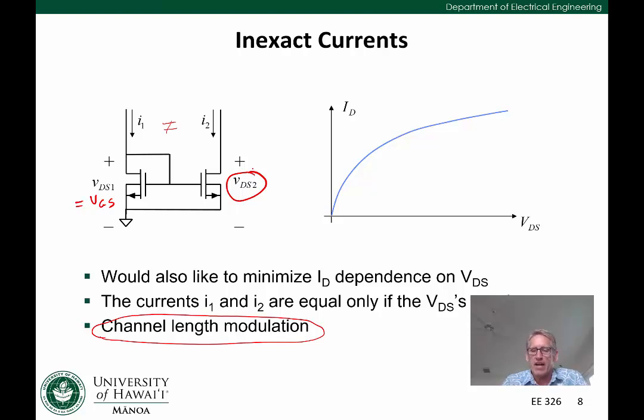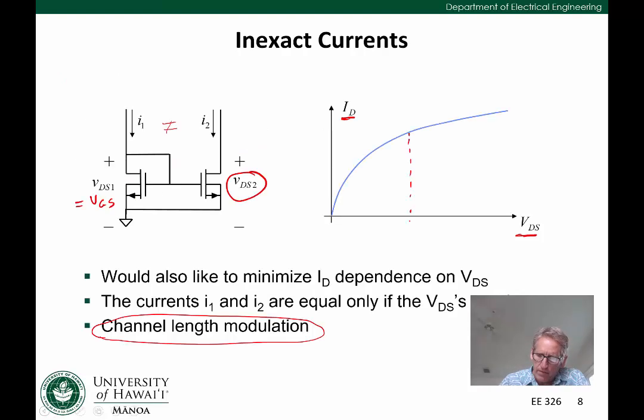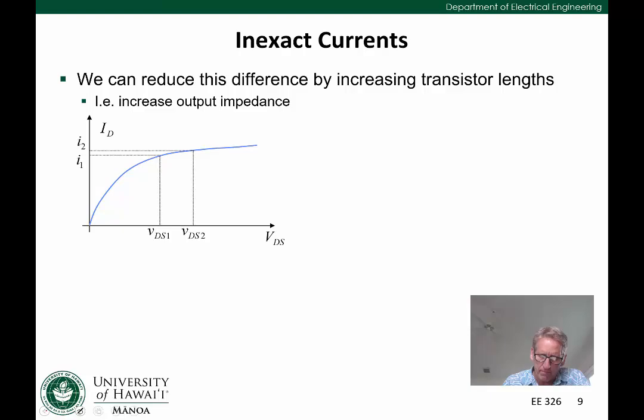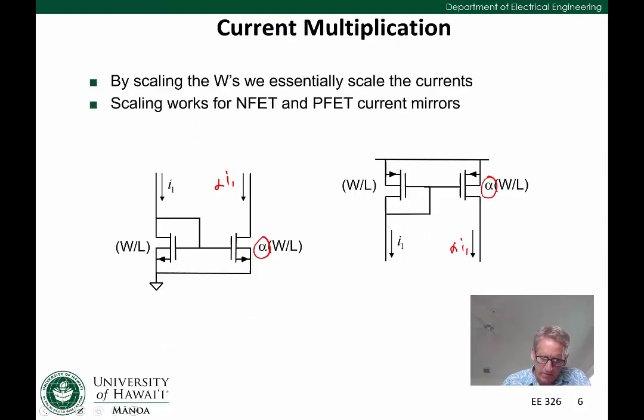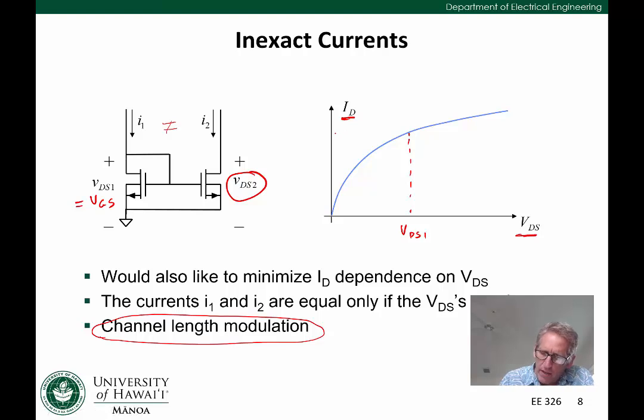So if we look at our ID versus VDS curve for these transistors, say, and we put in, let's just sort of arbitrarily mark here, VDS1, then that would have some corresponding current, which we'll call I1.